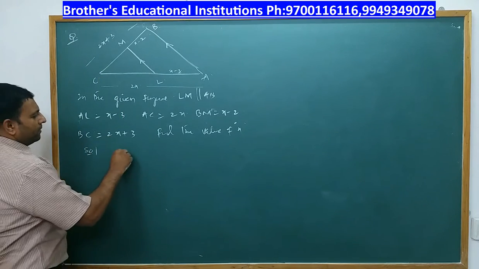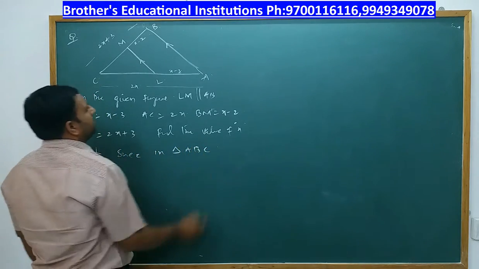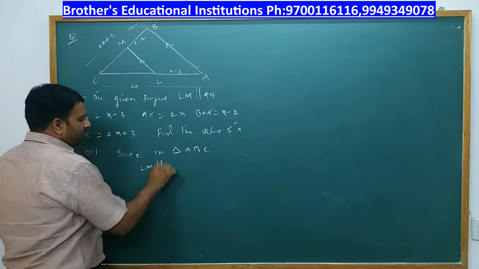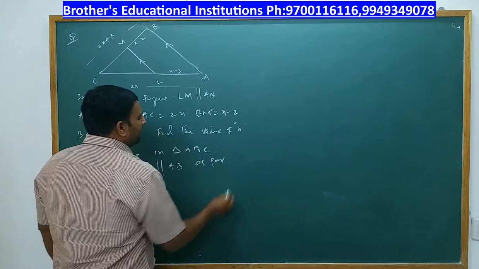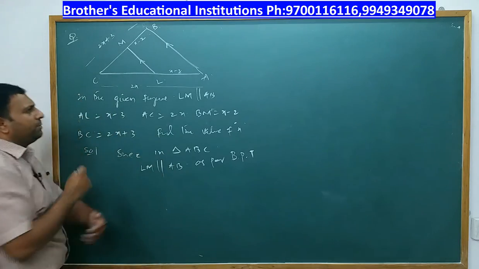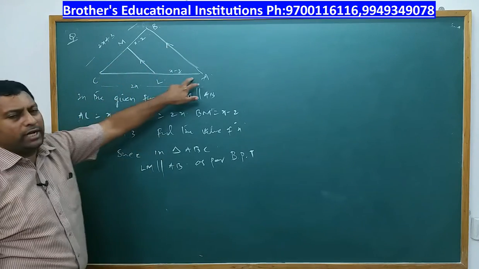Solution. Since in triangle ABC, LM is parallel to AB, as per the basic proportionality theorem, if this is parallel to the third side, it will divide the other two sides in the same ratio.